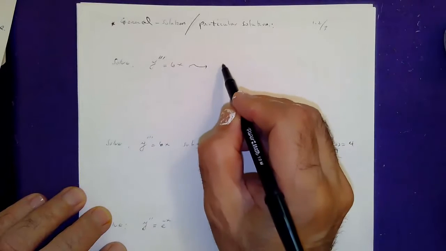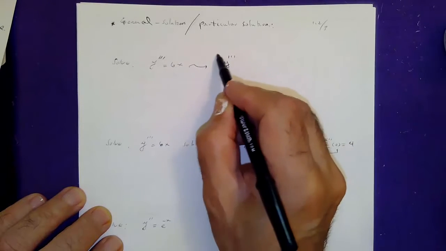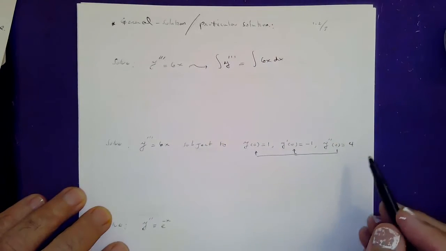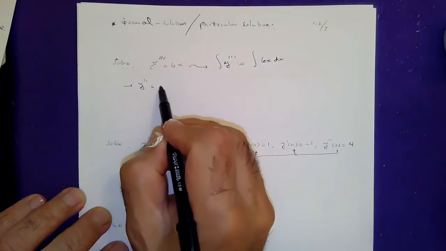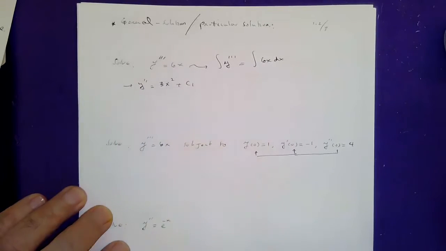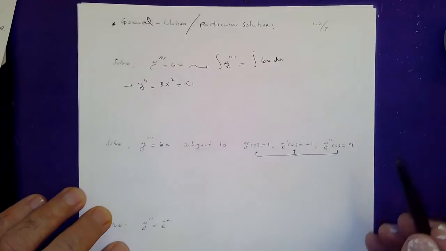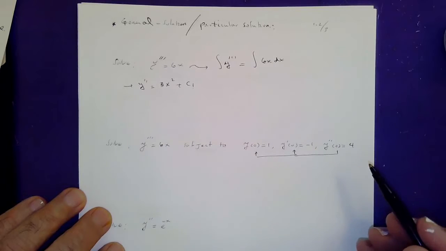To go from y triple prime to y double prime, I have to take the integral of both sides, of course, with respect to x. So what do I get? I get y double prime equals 3x squared plus a constant, c1. Why do I have a subscript? Because I'm going to have more constants in a minute, so I can't possibly call it all c.